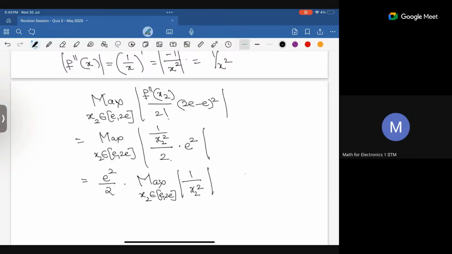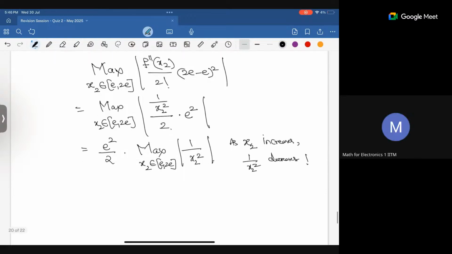So that is what you have to observe. So as x2 increases, 1 by x2 square value decreases. And I need the maximum possible value. So where will the maximum be attained? At e, in this interval.